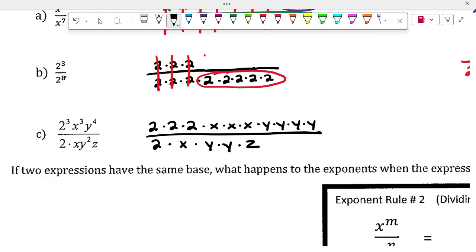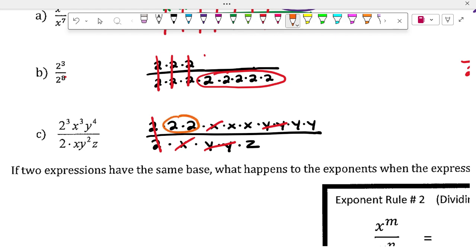You guys got it? How many 2's can I cross out? One set. How many X's? One between the top and the bottom. How many Y's? 2. How many Z's? None. So it's whatever you're left with.